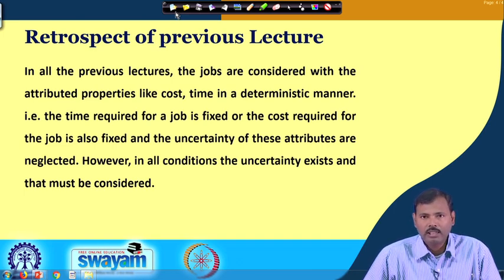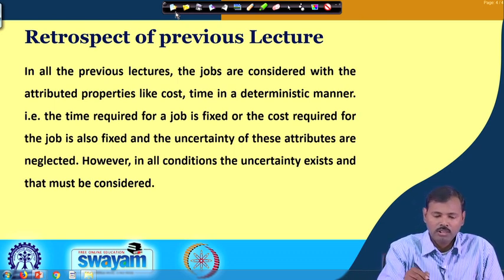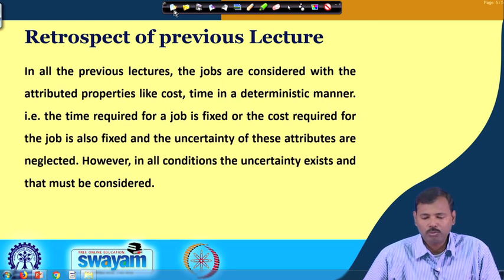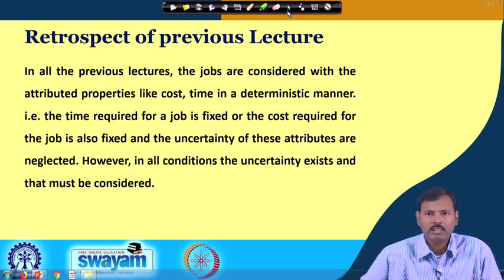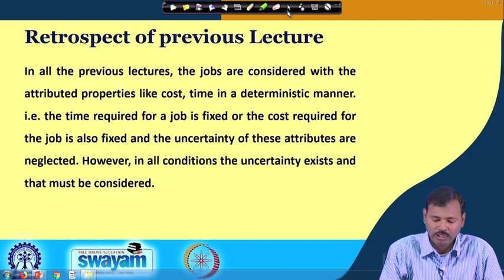But in real life situations, uncertainties are always lying with any activities. So, it is essential that we must consider the uncertainties in our network analysis, and that is covered in the program evaluation and review technique.